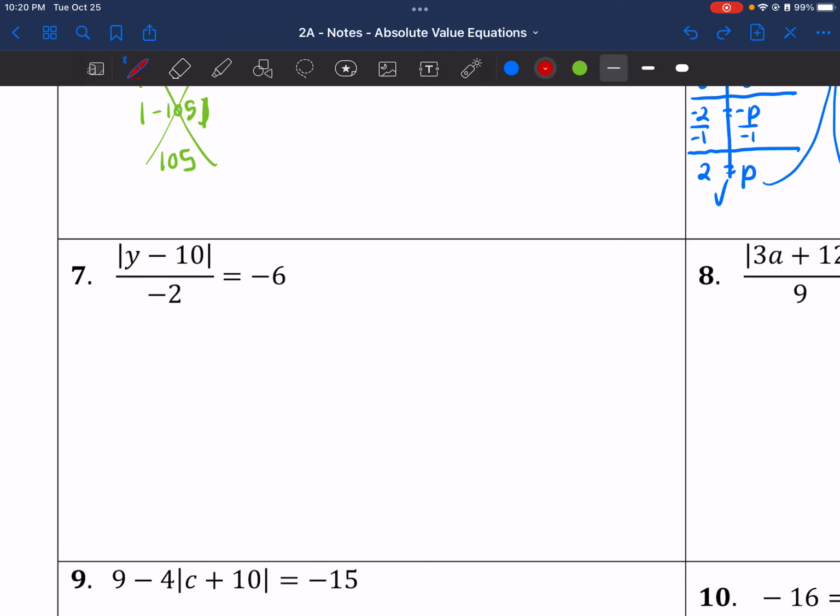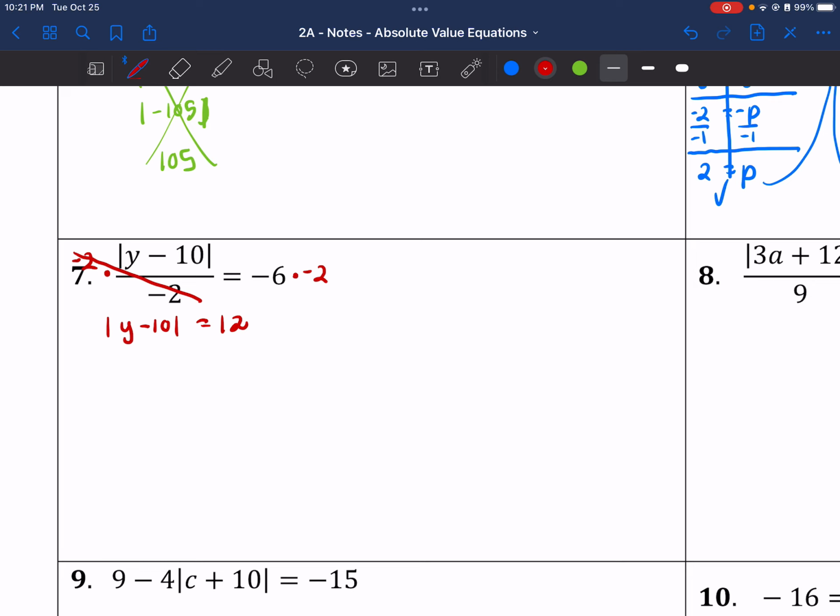It is multiplication. So to get rid of this -2, I'm going to multiply by -2. Whatever I do to one side, I'm going to do to the other, and I get the absolute value of y minus 10 is equal to, these two cancel out, and -6 times -2 is positive 12.